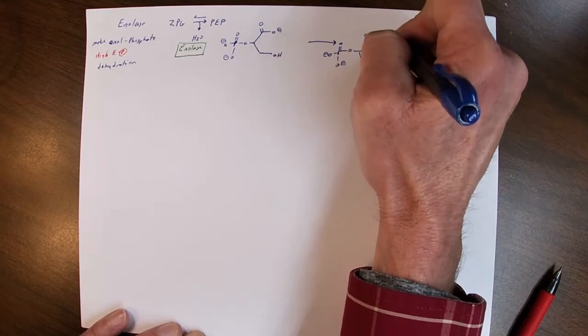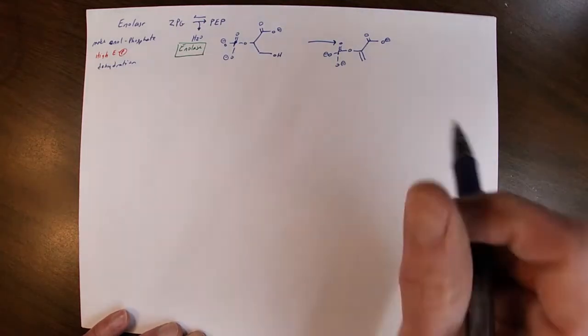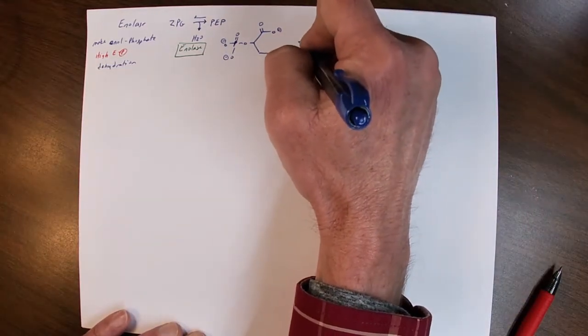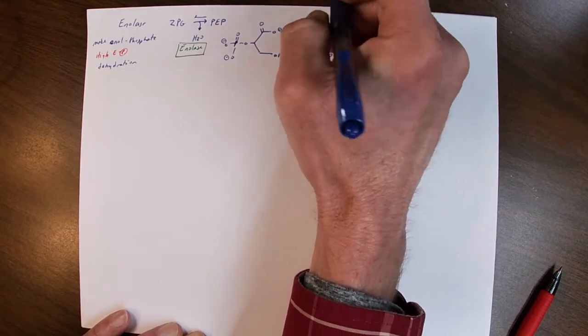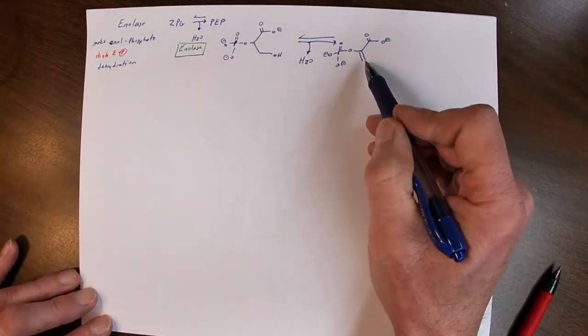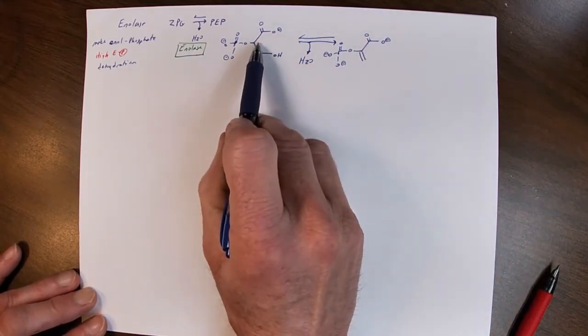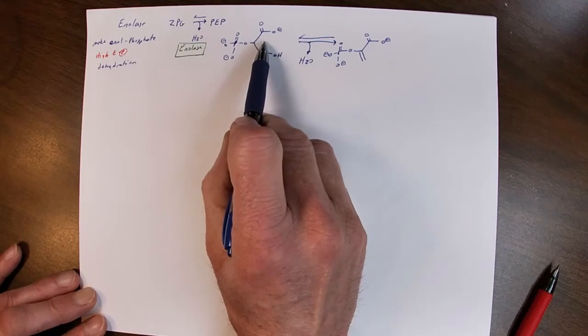Really not much to say about enolase. All we're doing here is a dehydration in this direction. Obviously, in the reverse direction, we're doing a hydration across the double bond. If we're going to do a dehydration, this is the proton that we need to remove.